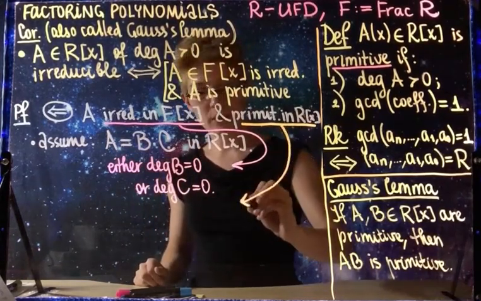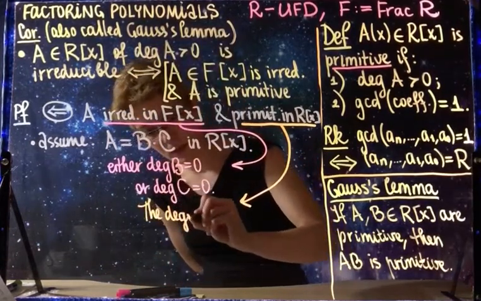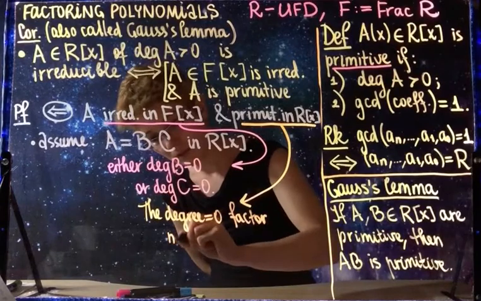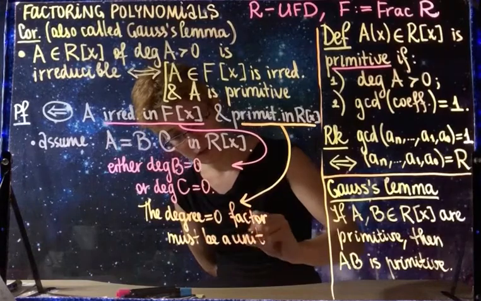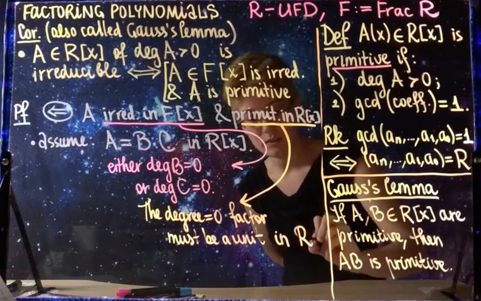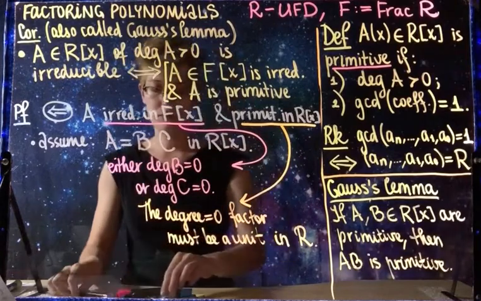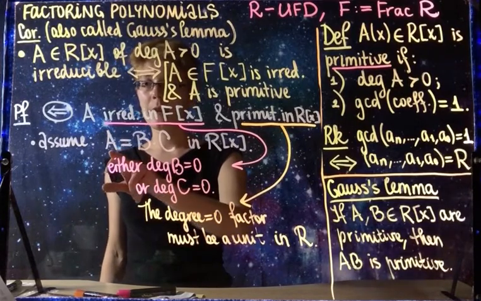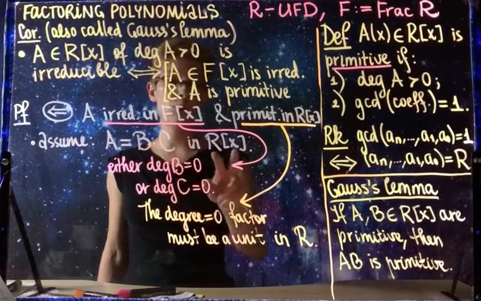So this further implies that the degree 0 factor must be a unit in R. And it shows that if we have a factoring of A into a product of B times C, then either B or C is a unit in this ring.